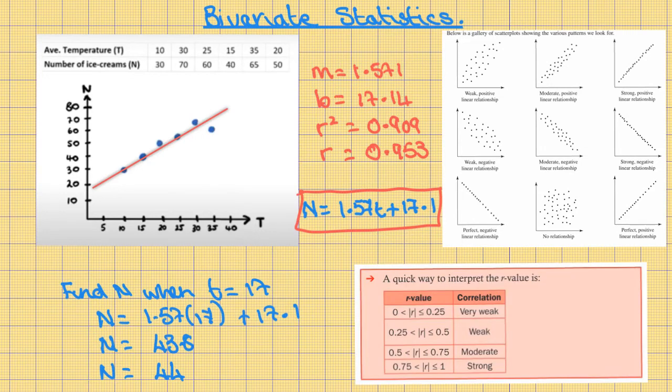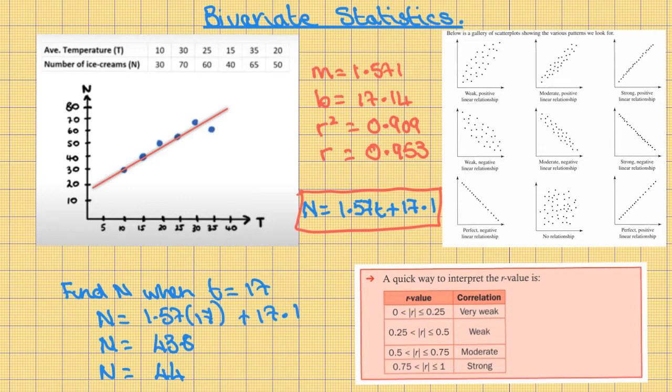The following table shows us how to interpret the R value. If the R value is between 0 and 0.25, the relationship is very weak. If the R value is between 0.25 and 0.5, it is a weak relationship. If the R value is between 0.5 and 0.75, you have a moderate relationship.